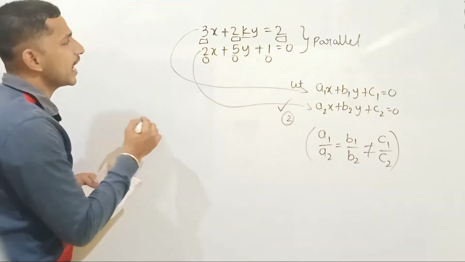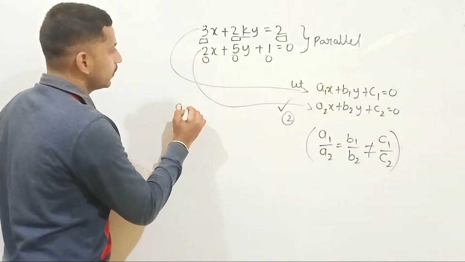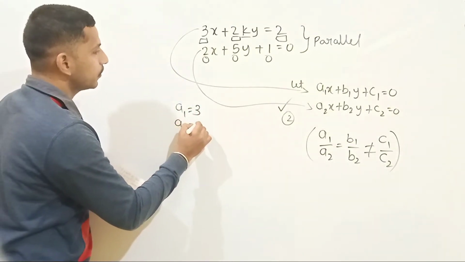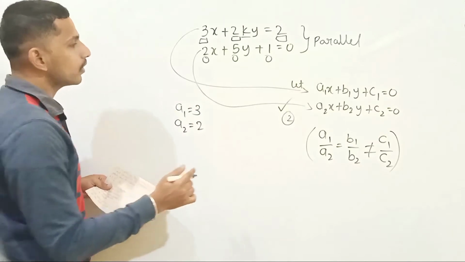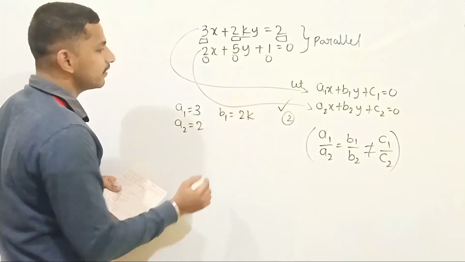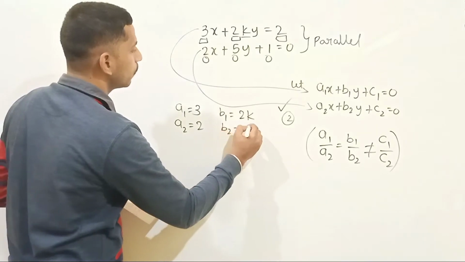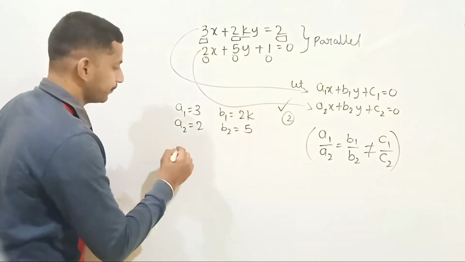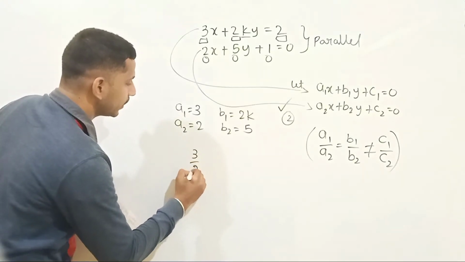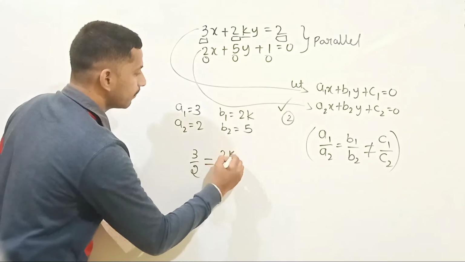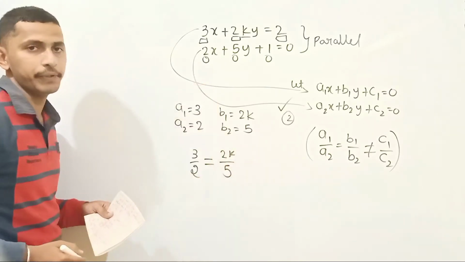Now, what is a1 here? a1 is equal to 3. What is a2? a2 is equal to 2. And what is b1? b1 is equal to 2k. And what is b2? b2 is equal to 5. Now we will find the value of k. a1 by a2 is equal to b1 by b2.